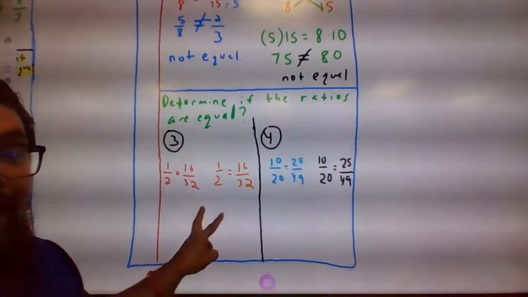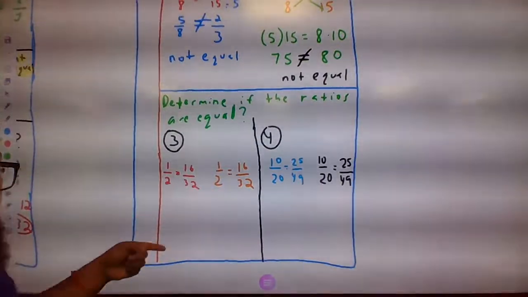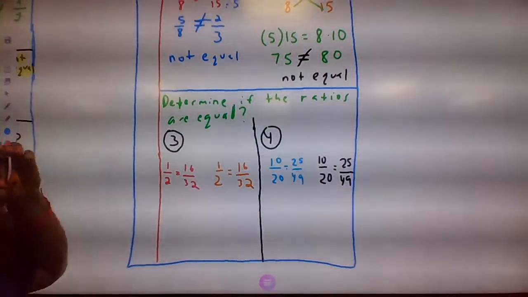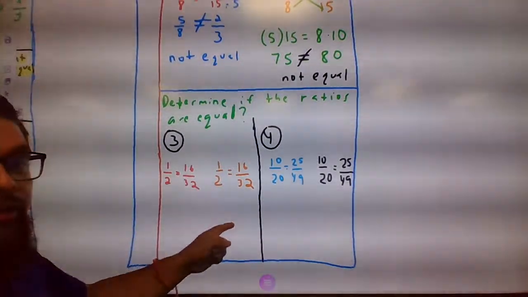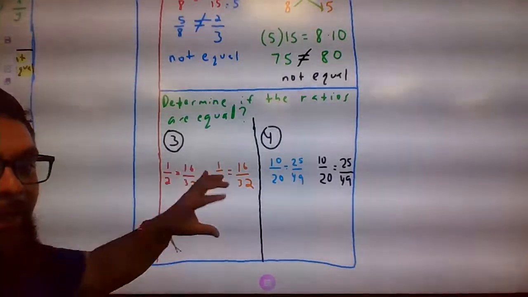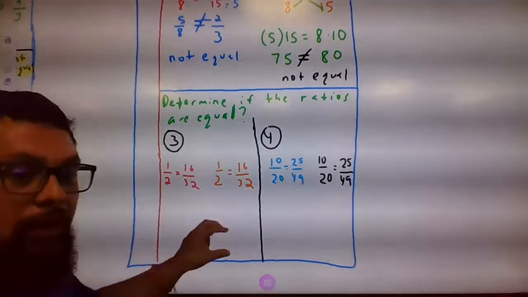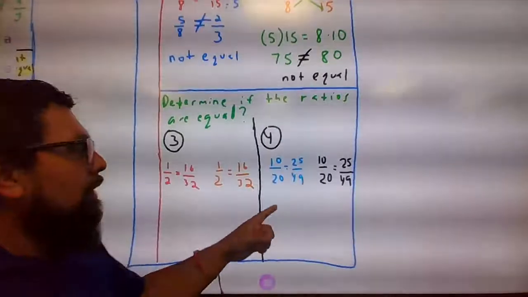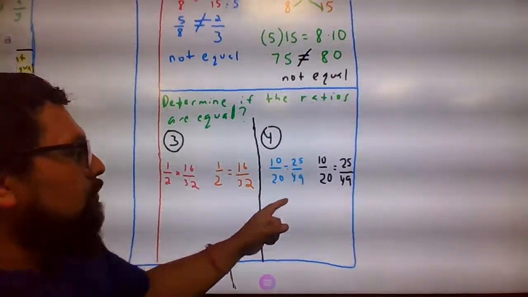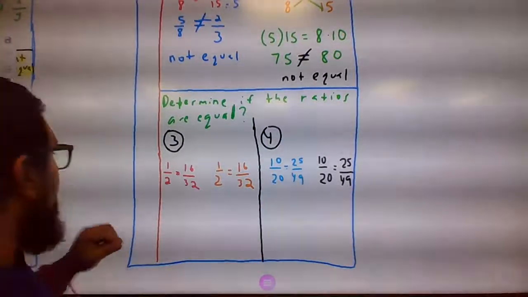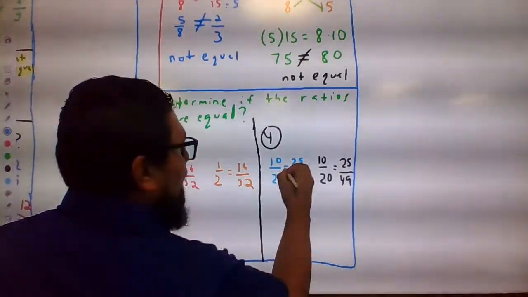I put it twice because remember, on this one, you're going to simplify it. And then on this one, you're going to use the cross product. That's why I did it like that. Okay, and then you're going to do your work here. On number 4, 10 to 20 is equal to 25 over 49. Okay, let me know if that's equal.